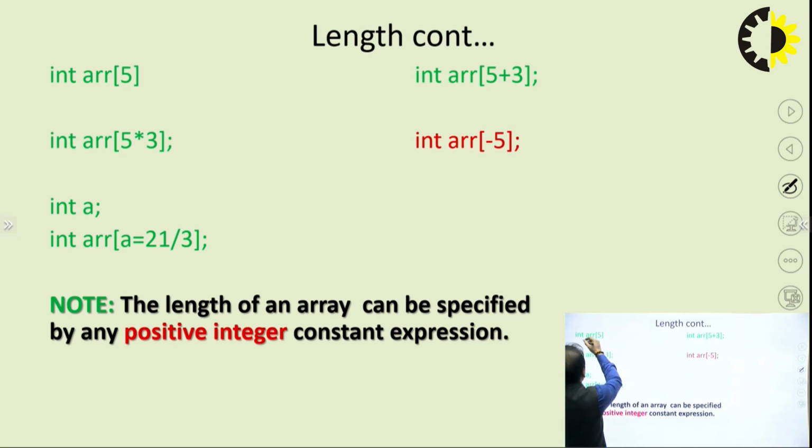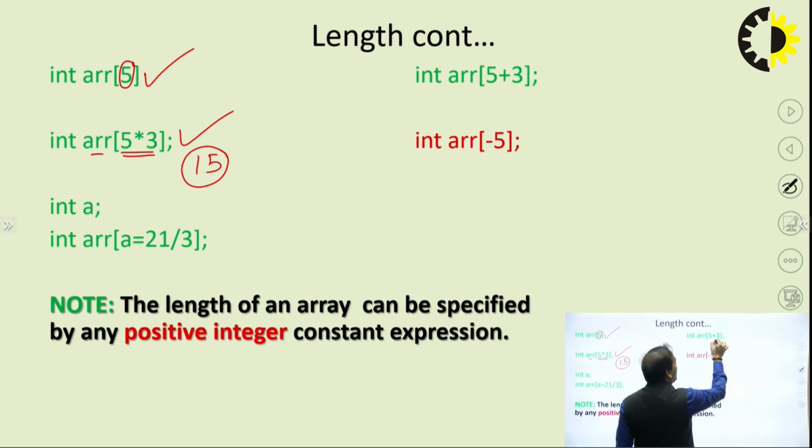Okay. Now the next topic is how the length of the array is to be declared. Here int arr[5] is the correct method. The length of the array is 5. Here int arr[5*3]: 5 into 3 gives 15, and this is also a correct way to declare an array. Here we can also write 5+3.